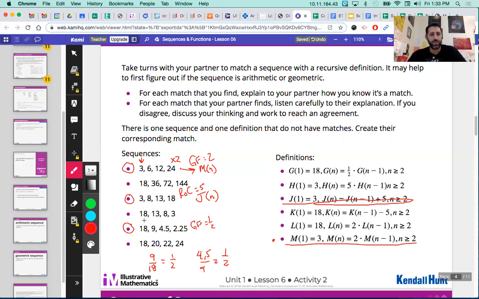So which one of these functions starts at 18 and you're multiplying times 1/2? Well, there's a times 2, 18 minus 5, and there it is, times 1/2. G of n is going to be our solution for our third one that we did. Okay? So we should be able to go both ways. We should be able to identify the sequence from the function, and we should be able to identify the function from the sequence.